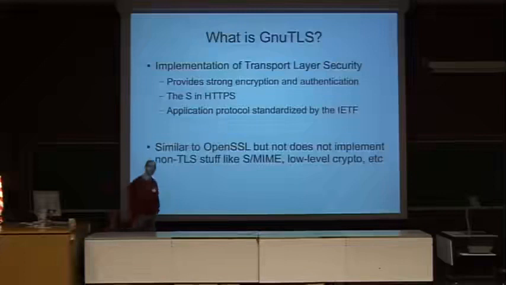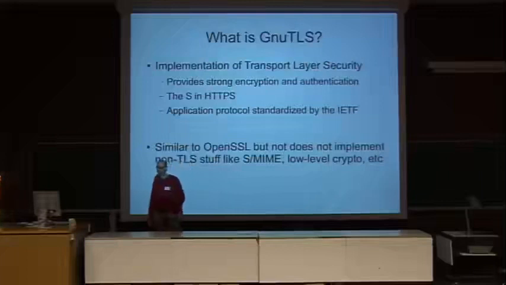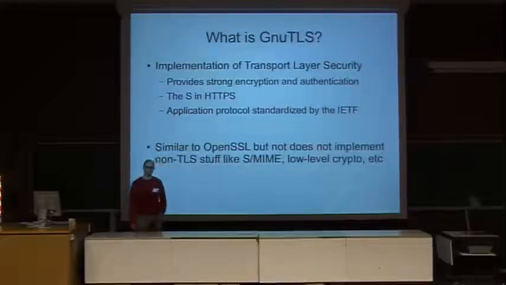So GNU2LS is like OpenSSL, but the philosophy is to strip away all the non-TLS related stuff like SMIME, like low-level crypto. GNU2LS doesn't provide AES encryption or similar. It's just a TLS library.